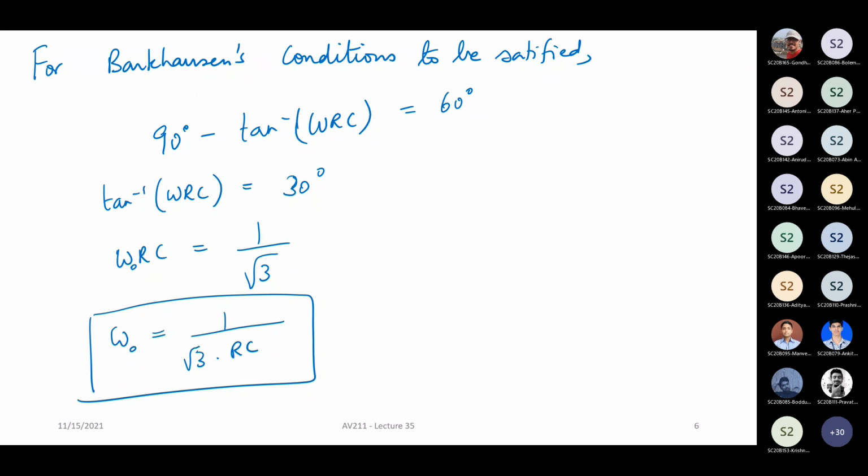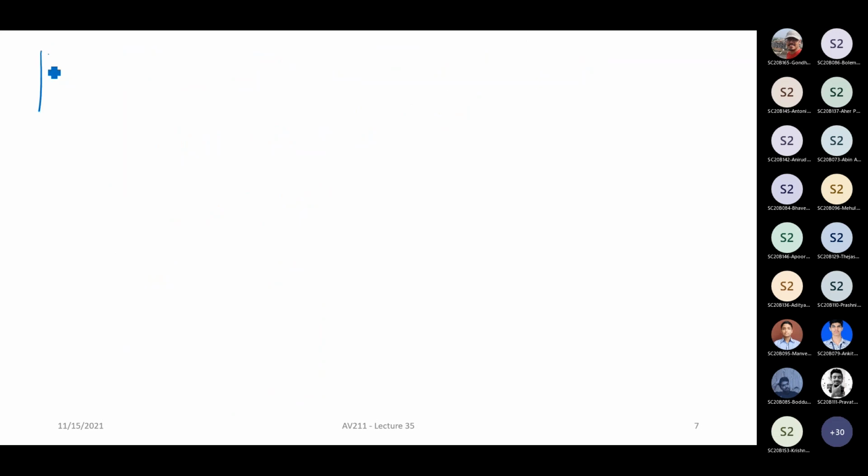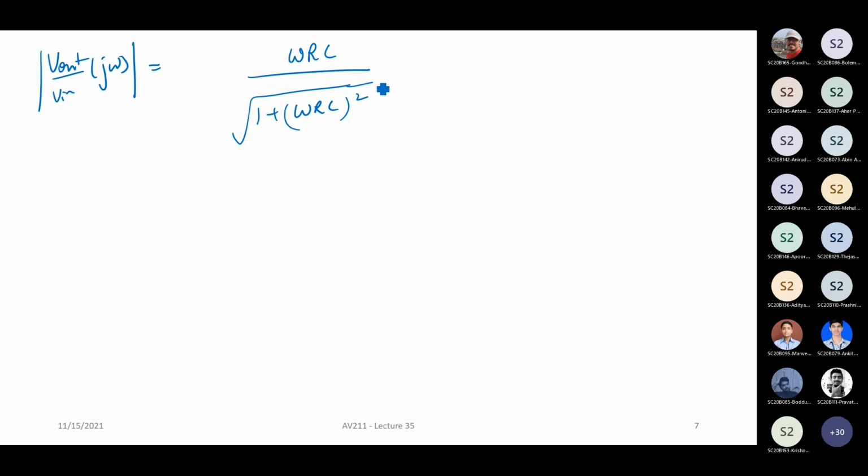Now, if you look at the magnitude response, let's say V out by V in of j omega, right? So this is basically omega RC divided by root of 1 plus omega RC, the whole square, right? Now, what is the gain at omega equal to omega naught? What is the magnitude V out by V in?